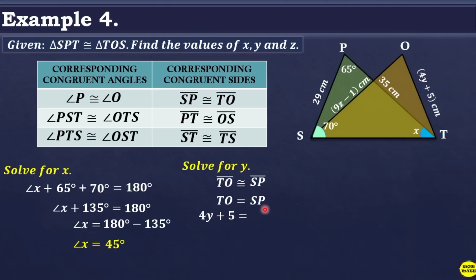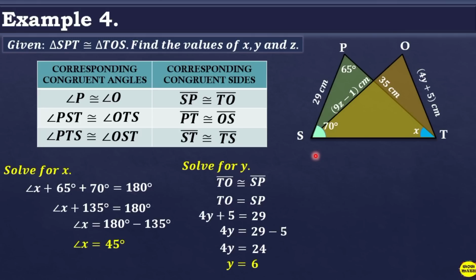Ang SP po natin ay 29. So, 4y is equal to 29 plus 5 transpose. So, 4y is equal to 34. Divide both sides by 4. So, y is equal to 6. So, your y is equal to 6. Pag sinubstitute mo dito si 6, 4 times 6 is 24. Plus 5, 29 din po siya.